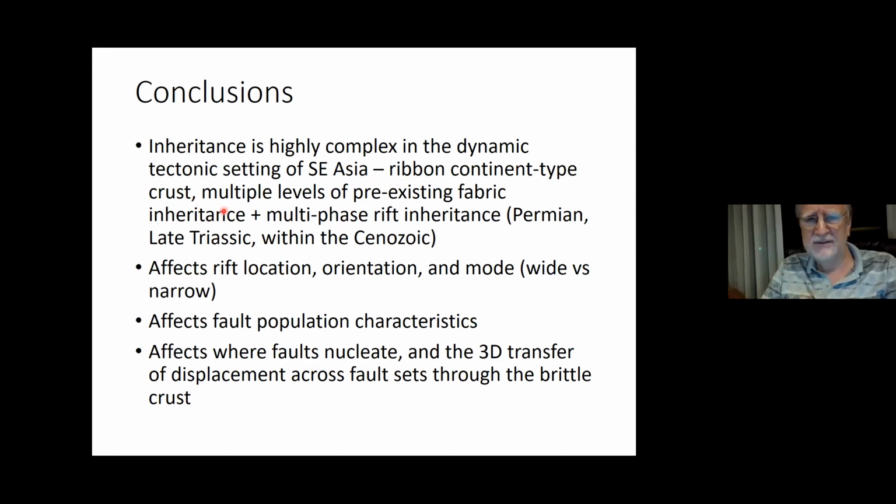We see multiple levels of pre-existing fabric inheritance, and we have multi-phase rifting inheritance to contend with as well. Rift location, orientation, and mode are all affected by the pre-existing fabrics. It affects fault population characteristics, where faults nucleate, and the 3D transfer of displacement across fault sets through the brittle crust.